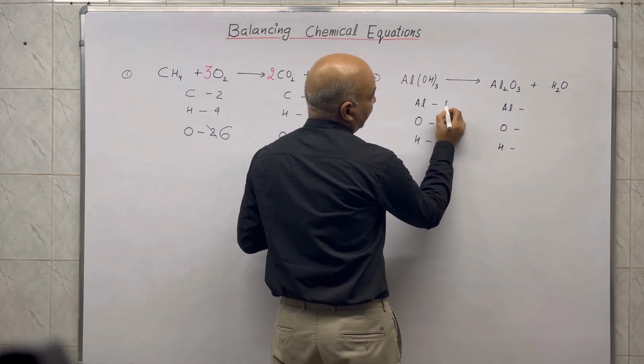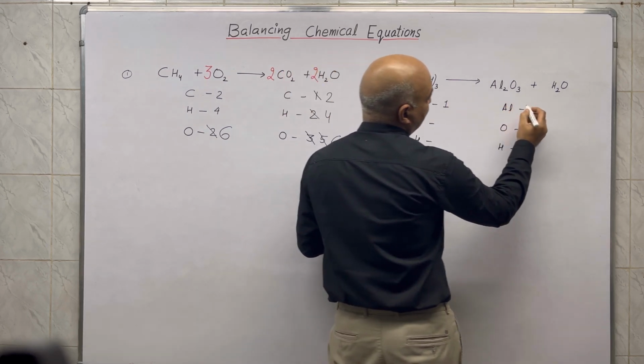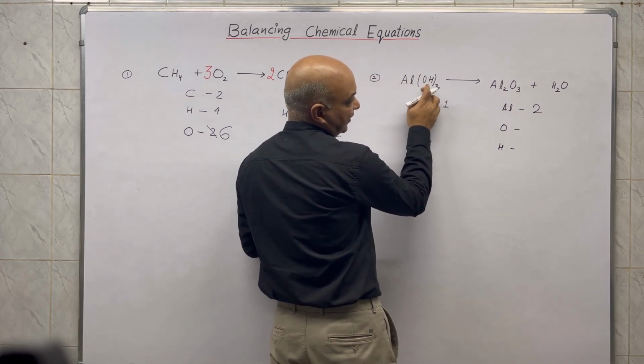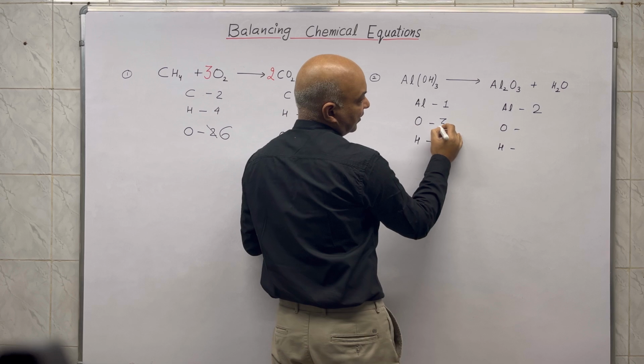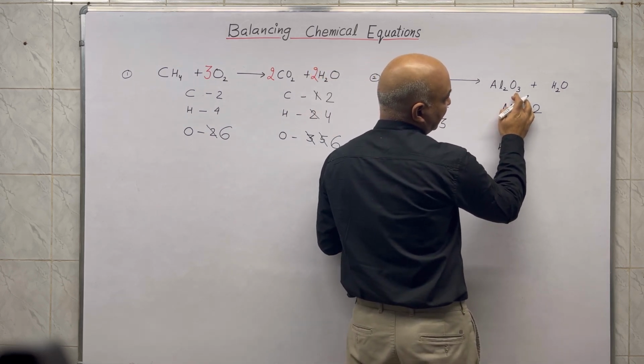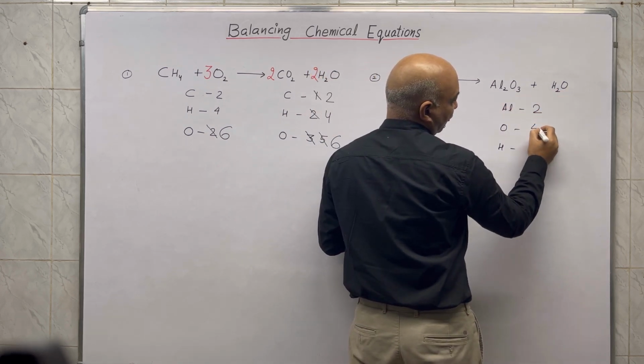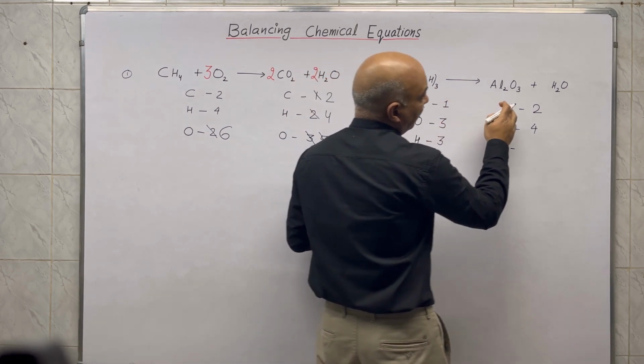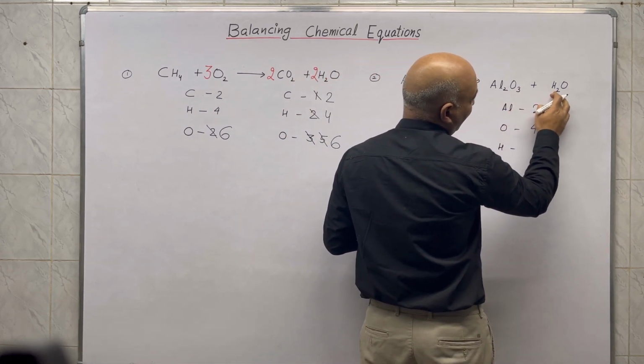Now Al on the left hand side is 1, right hand side is 2, oxygen is 3, and here it is 3 plus 1, 4. Hydrogen is also 3, but here it is only 2.